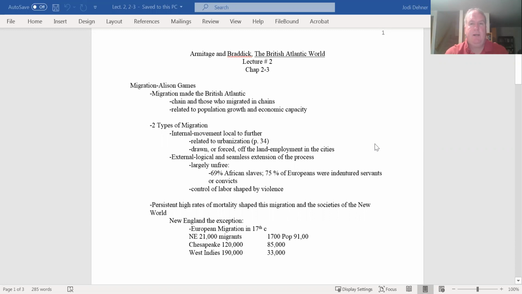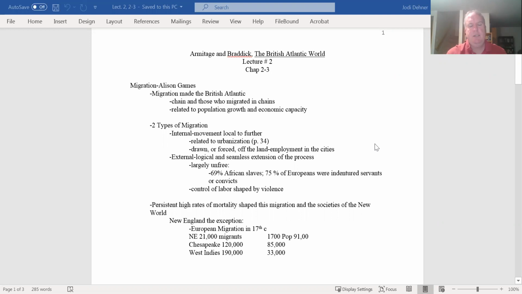When somebody goes out and moves into a new area, they send back information about this area. And then their family members or townspeople or co-religionists begin to follow them like links on a chain. So the migration is following in the path of the first one who goes, and it becomes richer and stronger as more and more people move along like links on a chain.